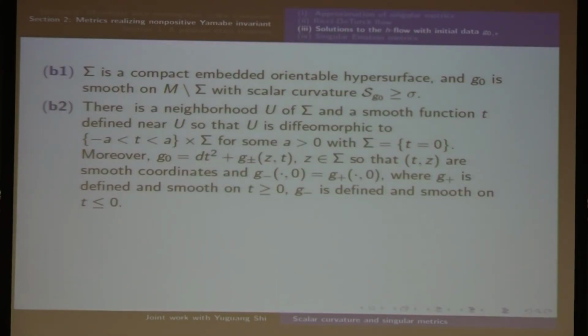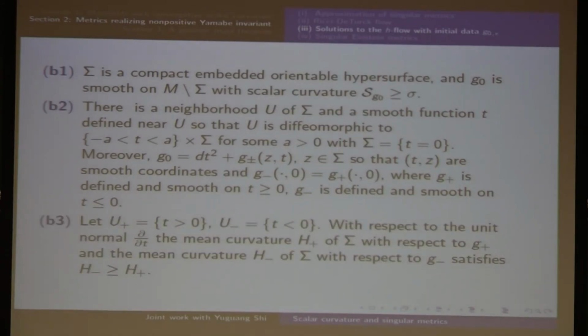So here I have to say a little bit about the assumption B2. In Mel's original result, he just assumed that in this part we have a tubular neighborhood, and this part we have a tubular neighborhood. Well, T may not be smooth. Here we assume T is smooth because I don't want to change the smooth structure of the manifold.